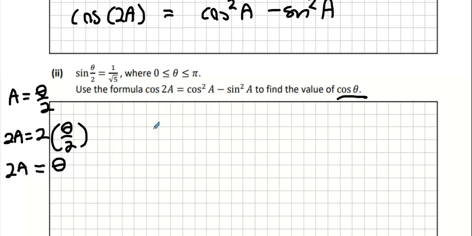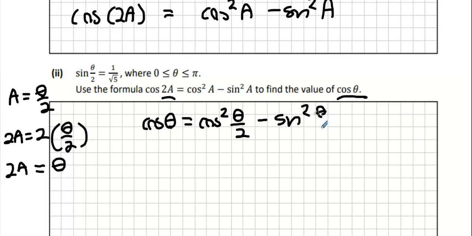And then if we sub into this formula here, it's going to be cos 2A is theta, and it's going to be cos squared theta over 2 minus sine squared theta over 2.